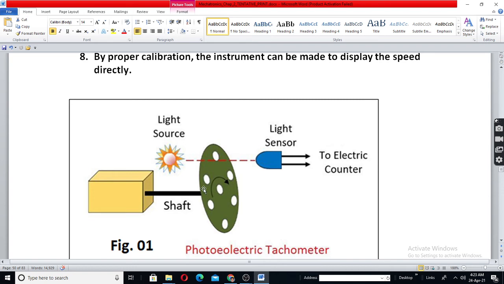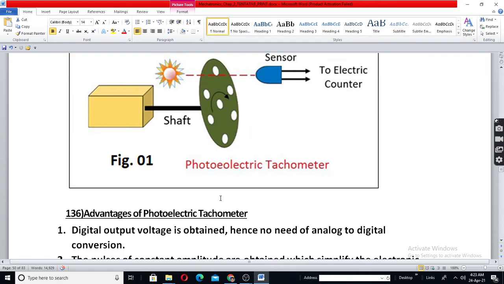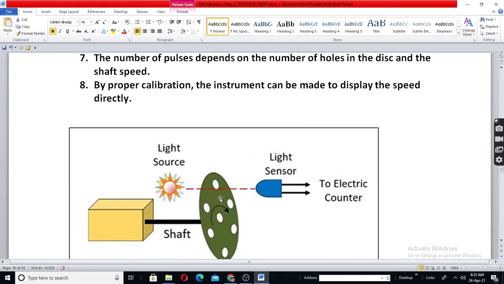More the speed, more will be number of pulses per second. So frequency of pulses is a measure of speed of the disc or shaft. Hence, it can be used for tachometer.